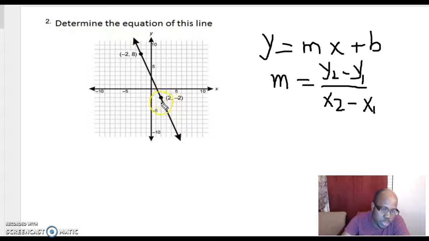So we got 2 points. You can call them x1, y1 and x2, y2, or the other way around. Either way you're still going to find it.